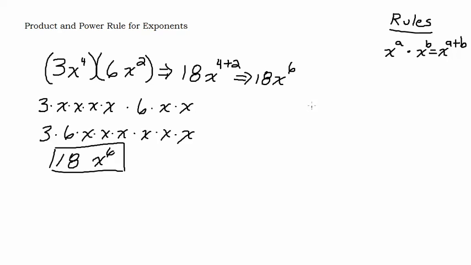So you can use this rule in conjunction with other multiplication if you had coefficients in there like 3 and 6. And when I say coefficients, I mean these numbers right here that are multiplied by the variable. These are the coefficients, so those get multiplied together. Whereas the exponents, since they're exponents on the same base of x, they get added together.